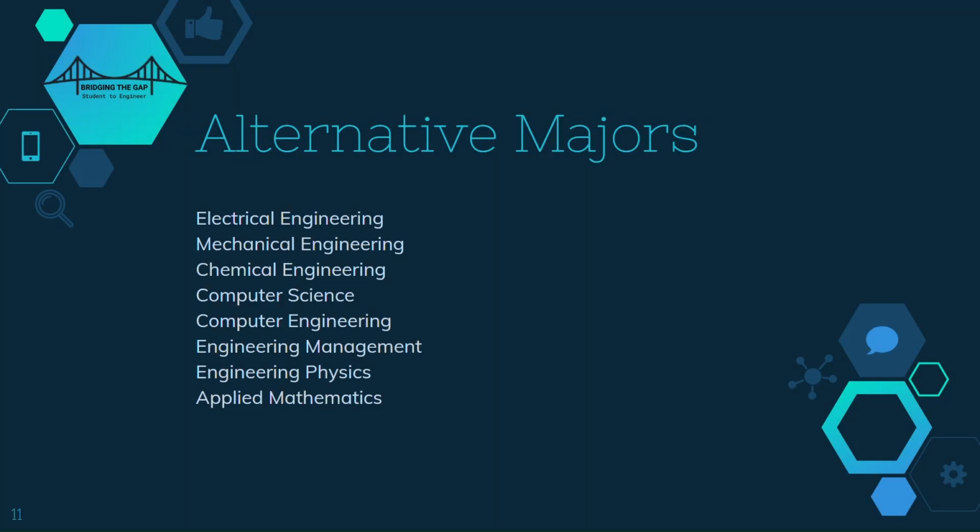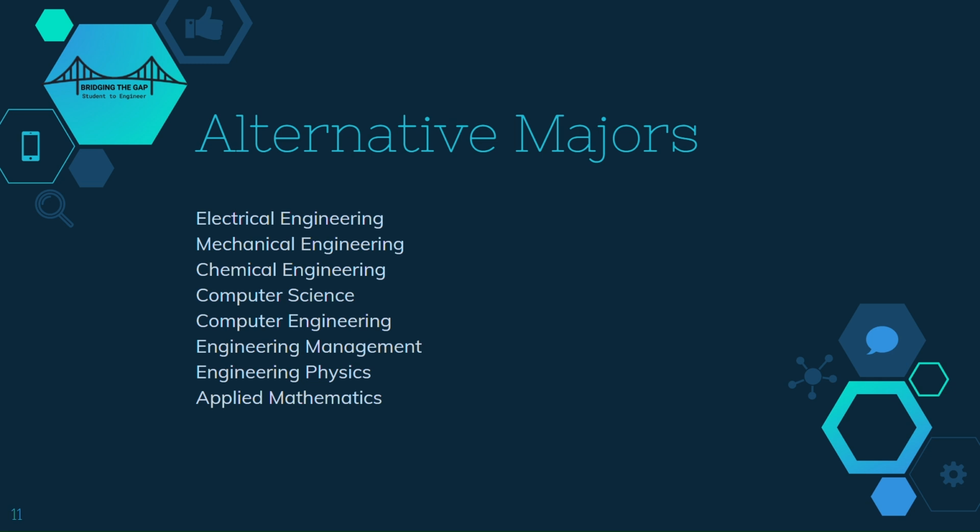Okay, so on a couple of these discipline deep dives, we have alternative majors, and this is really, if you want to go into the nuclear industry, if you're interested in it, but you don't have an opportunity to major in it for whatever reason. I mentioned that nuclear engineering is not at all of the state flagship schools or even the state schools that might be near your house.